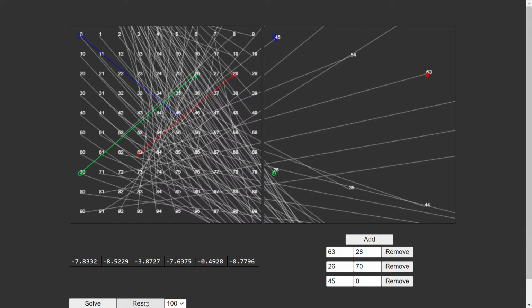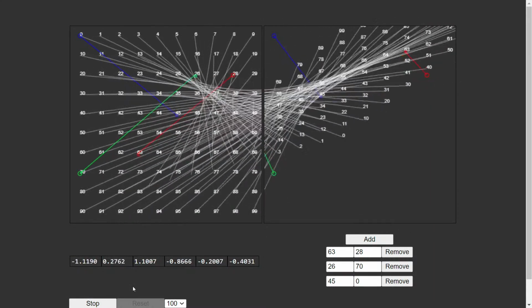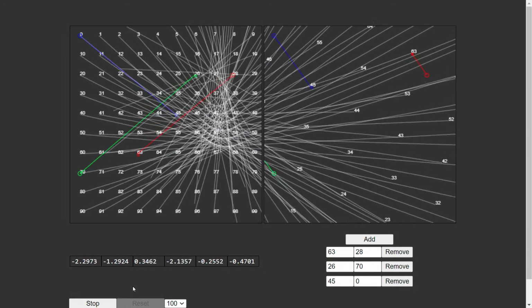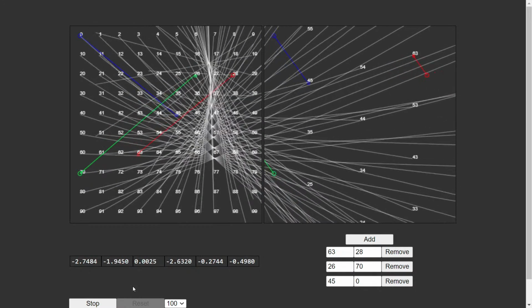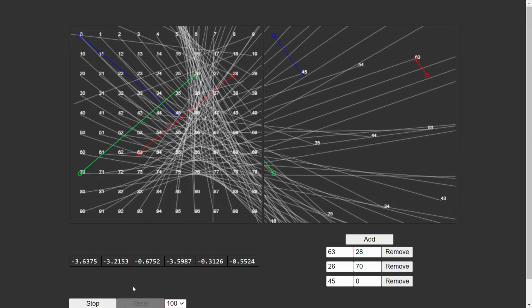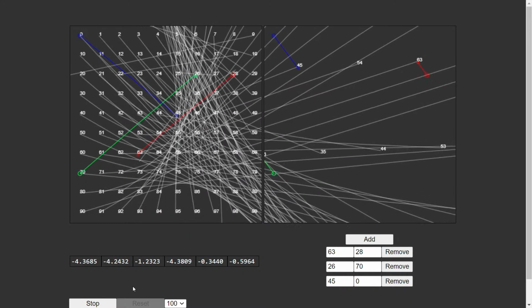Let's start it from initial condition. See, it does fit, but it's hard for it to fit. So it is kind of possible that other training set, maybe it would fit, it would just take forever.